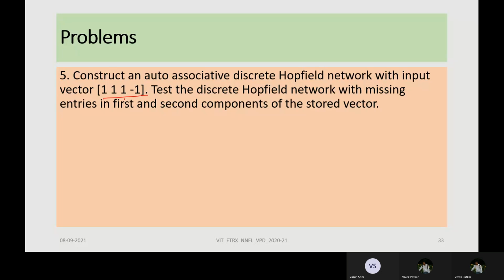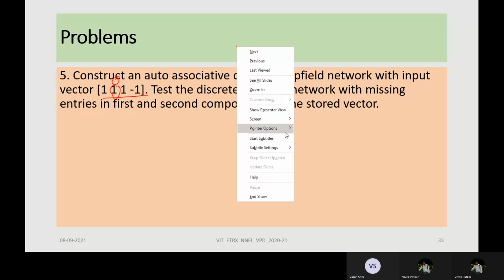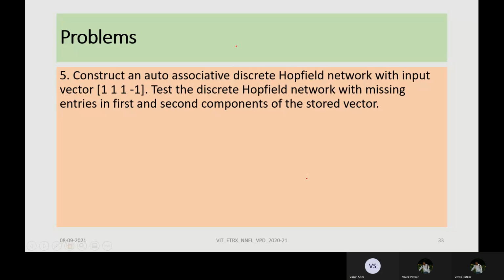This vector is to be stored, and then we have to test as usual with missing entries and the second component of the stored vector. Clear? Means we have to test with a missing entry in the second component. Suppose this becomes 0, then what will happen? We have to understand. Is it clear? Take down the question, then we will start.